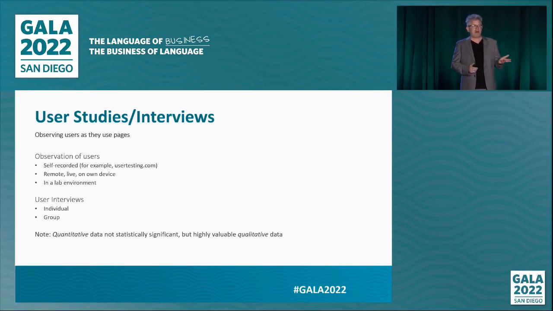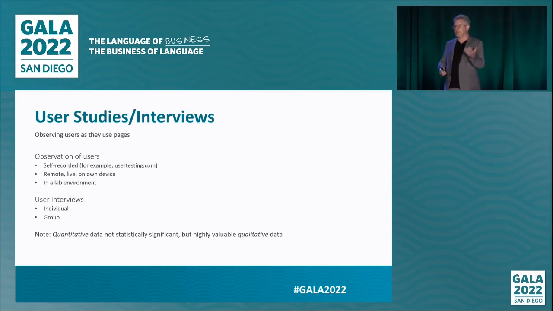There's a few companies out there that offer basically self-moderated user tests where you give people a script, you tell them, go to this page, what do you think of these things? So you offer them a few questions and then they go to the next page by clicking this link and so on. So you can send them through one of your preferred flows, or you just keep them on one particular page and have them answer a set of questions.